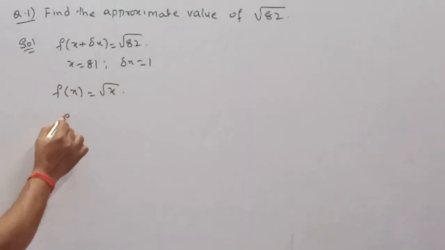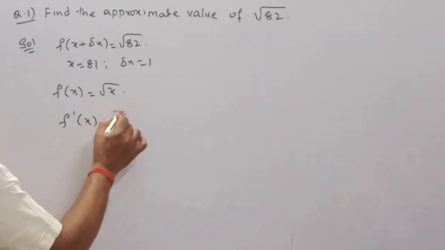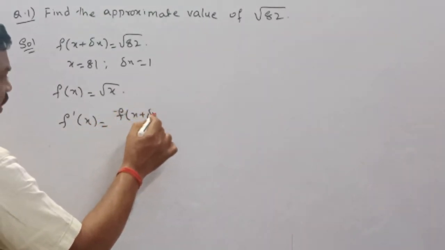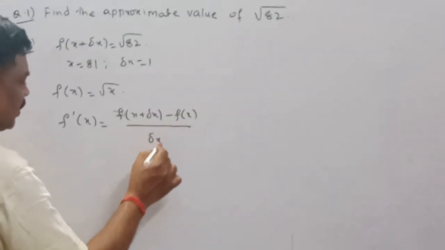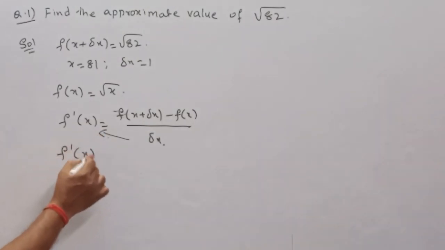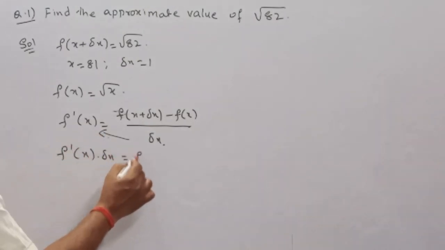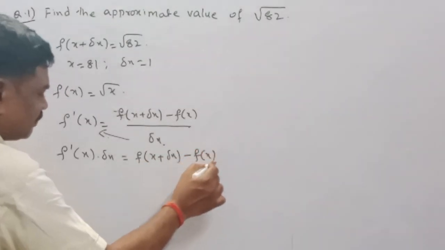We know that f dash of x is equal to f of x plus delta x minus f of x, by delta x. So by cross multiplication, f dash of x into delta x is equal to f of x plus delta x minus f of x.